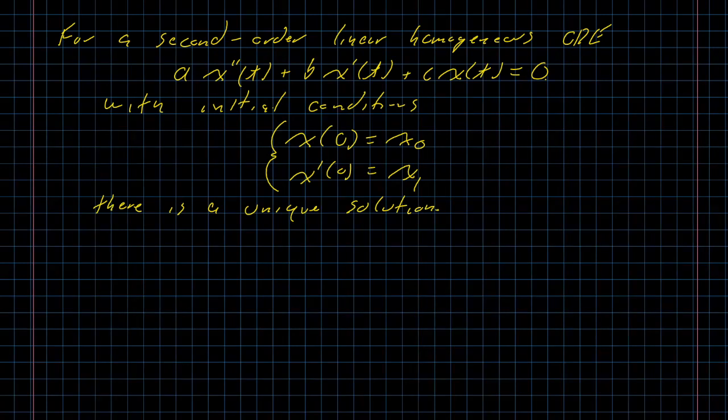That is the idea that we come to. I didn't quite formally prove it, but hopefully I gave you enough evidence to convince you that that should be the case. And we can find that unique solution given a fundamental set of solutions and a couple of initial conditions.